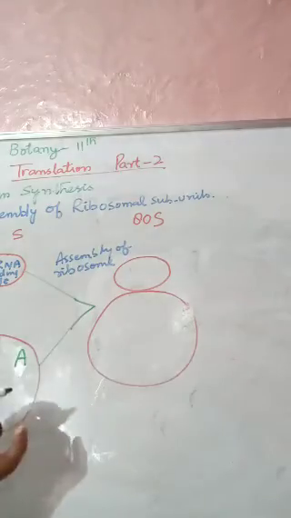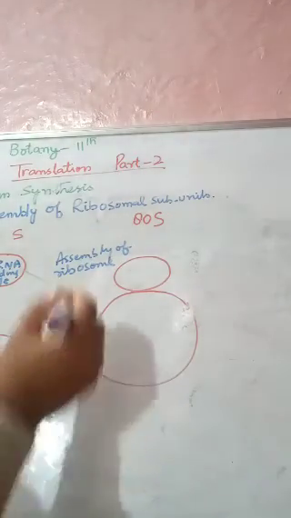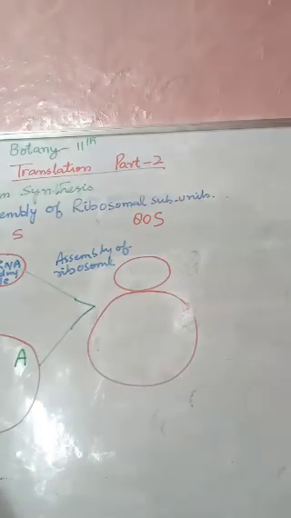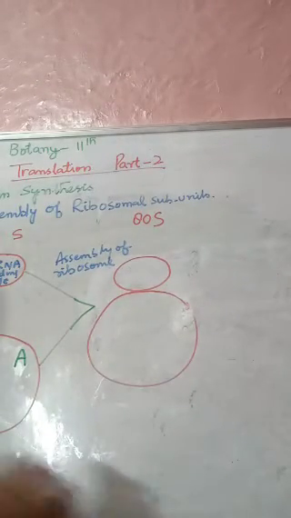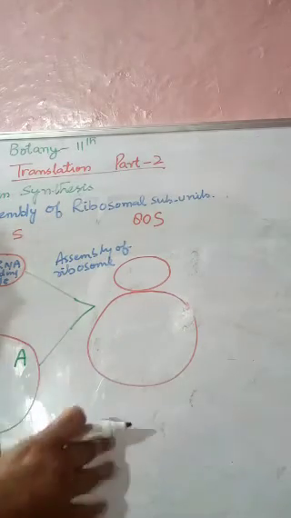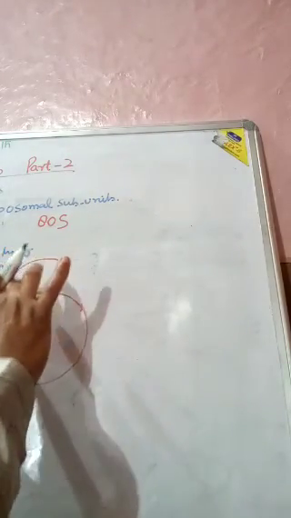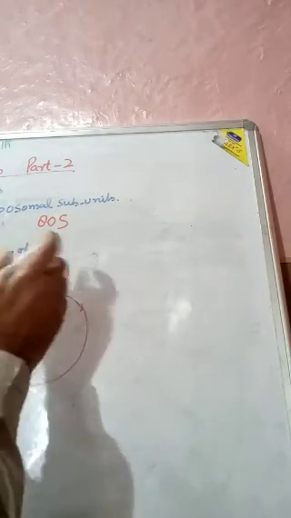When the magnesium ion is more than required, dimer formation takes place. This was the first step. So for this assembly of the ribosome, magnesium ion is necessary.